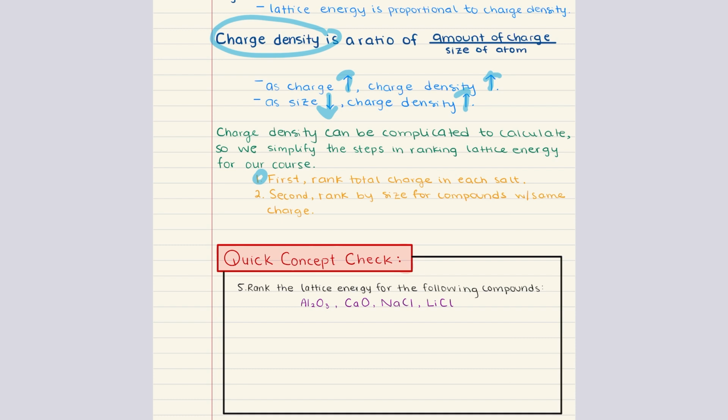Then, for the compounds with the same charge magnitude, we rank them by atomic size, since smaller ions result in higher lattice energy. This is best understood with an example problem. So let's rank the lattice energy for the following compounds: aluminum oxide, calcium oxide, sodium chloride, and lithium chloride.